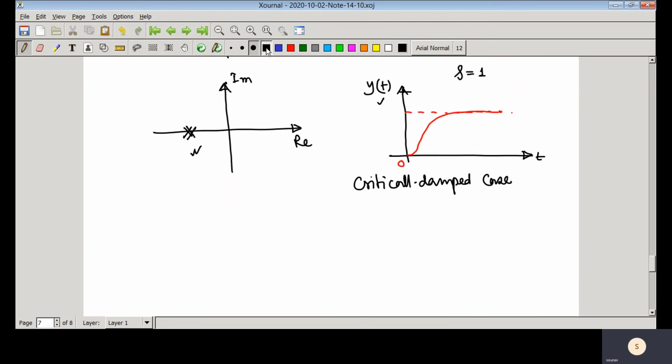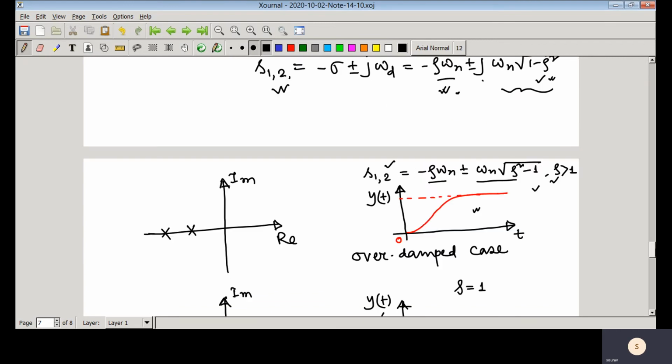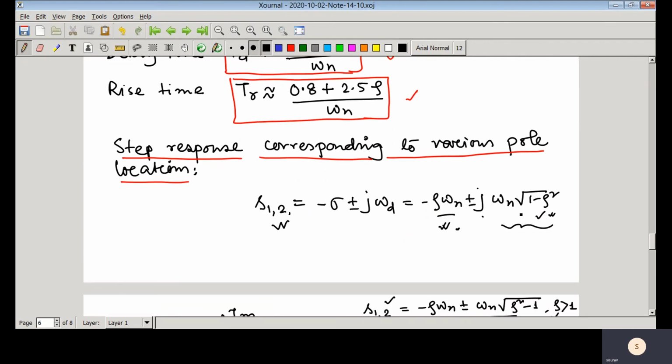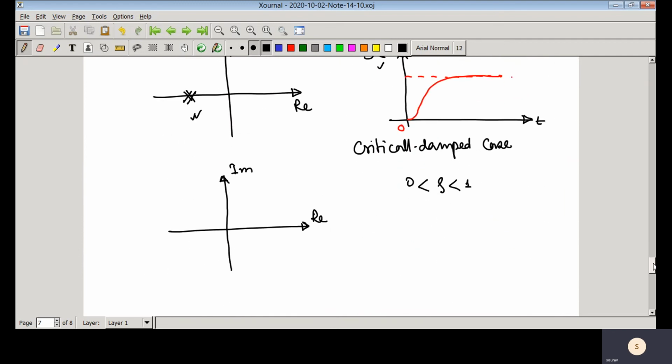Now let us see what happens in case of the underdamped situation. Underdamped means zeta varies from 0 to 1, and you can see here whenever you vary zeta from 0 to 1, it is positive, so you have complex conjugate poles.